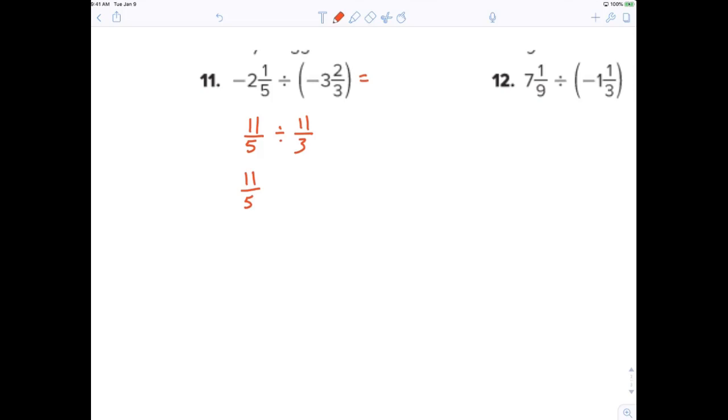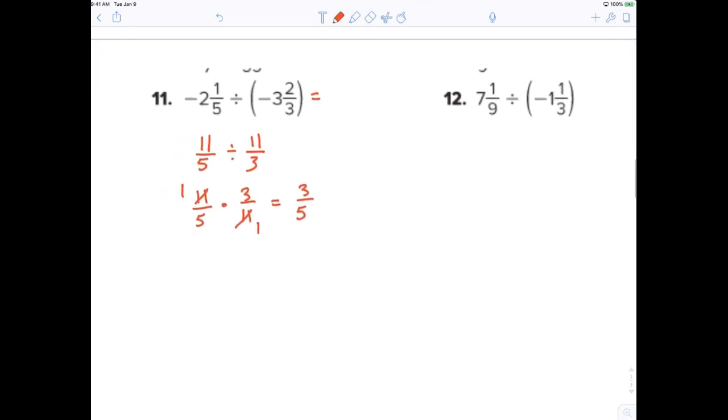So it becomes 11/5 times what? Beautiful, and now what happens? Yep, cross out the 11s. Final answer? Is 3 over. Yes, 3/5. Nice. Ready? Give it a shot, buddy. You're up. Anybody have any questions with number 11?